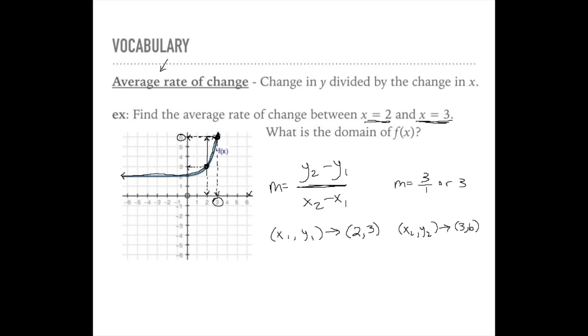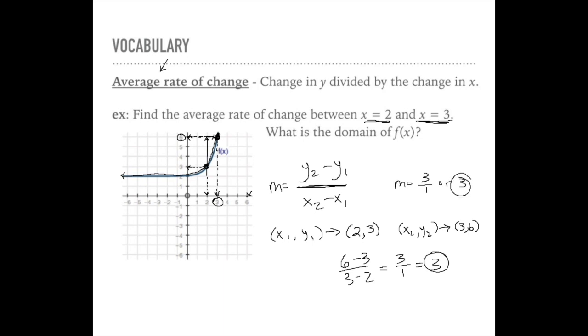Notice you will get the same answer: y2 minus y1 divided by x2, which is 3, minus x1, which is 2. 6 minus 3 over 3 minus 2 gives me the same answer.